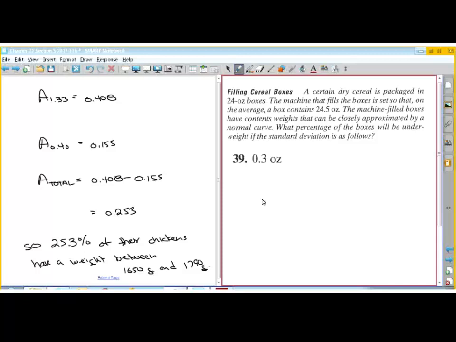The last practical example here is a cereal box, and it's in 24-ounce boxes. The machine that fills the boxes is set so that on average the box contains 24.5 ounces. The machine-filled boxes have contents weights that can be closely approximated by a normal curve. What percentage of the boxes will be underweight if the standard deviation is as follows? It's like when you go in a store and somebody accidentally gives you more change than you're supposed to get. You don't normally notice that. You might not say something.